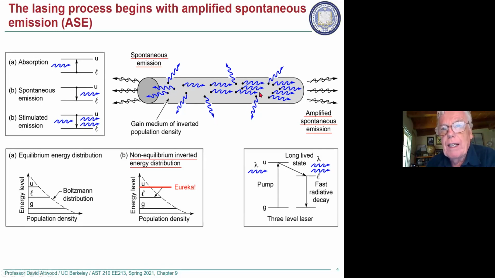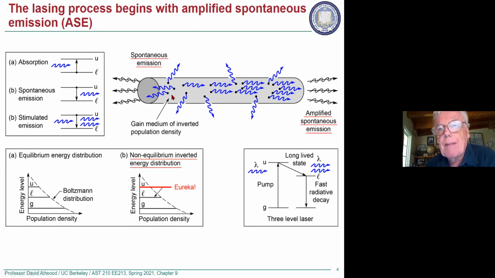The starting of the laser process, however, is the following. If the photon gets thrown out the side, it's just lost. It's not contributing to the laser. But if it happens to send a photon along the axis, then there can be stimulated emission, and stimulated emission again, and there can be an avalanche here where the more you get, the more you stimulate, okay?